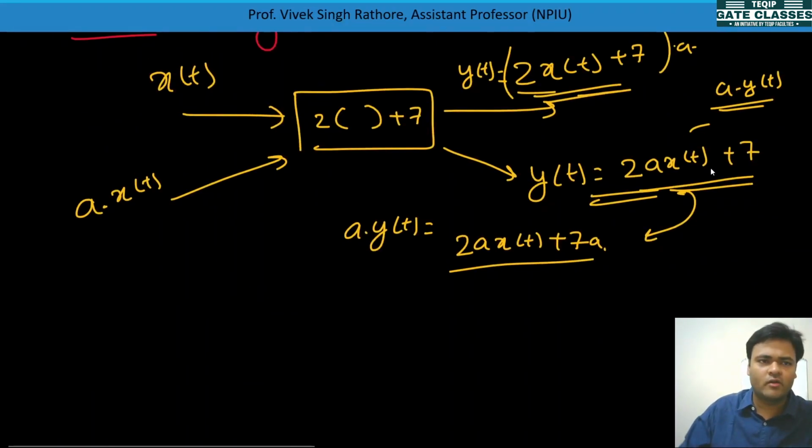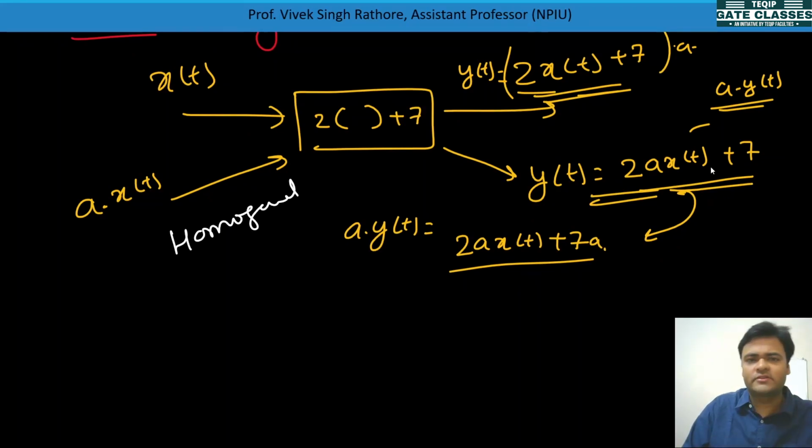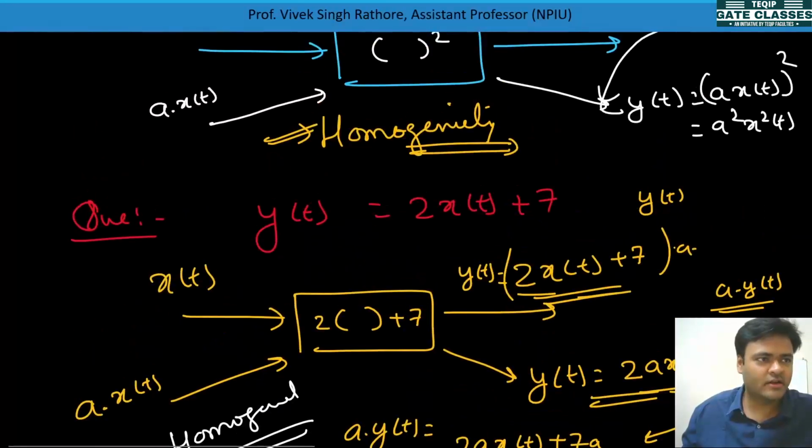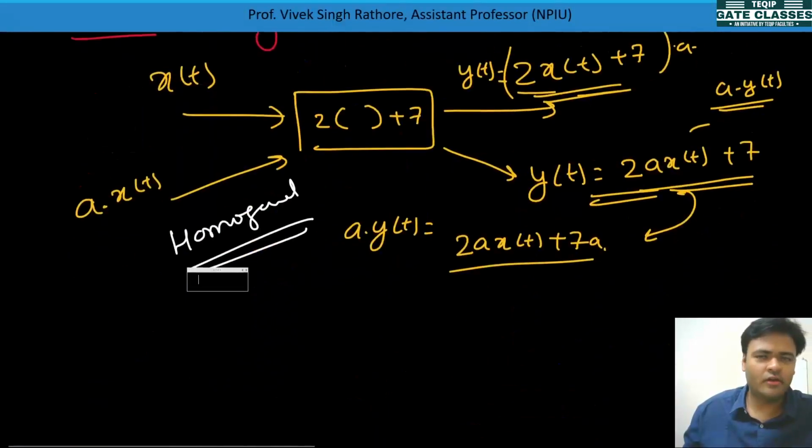So these both are not equal. So ultimately this system does not follow the homogeneity principle, and if it is not following the homogeneity principle, it is a non-linear system. So from this example we can conclude that this is a non-linear system.